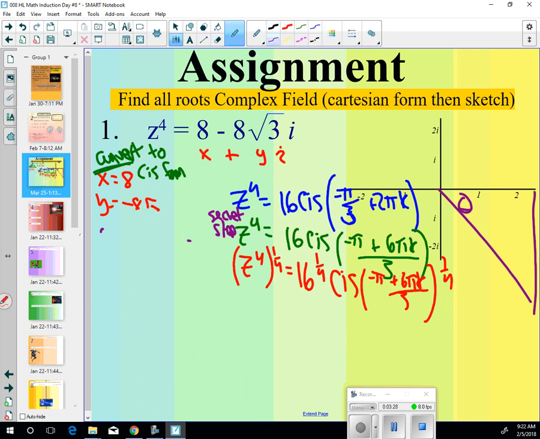So the 4th root of z, or z to the 4th to the 1/4 is z. 4th root of 16 is 2 cis. And then this is going to be negative pi plus 6 pi k over what when we use DeMoivre? 12. Great.